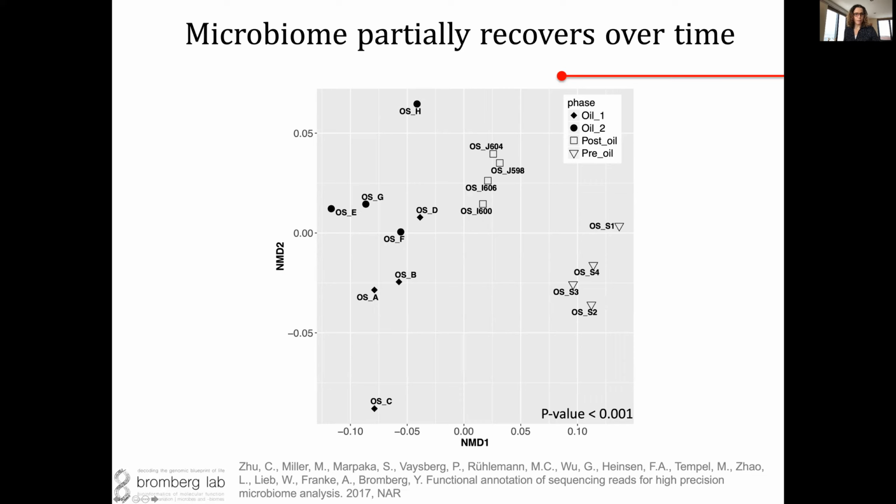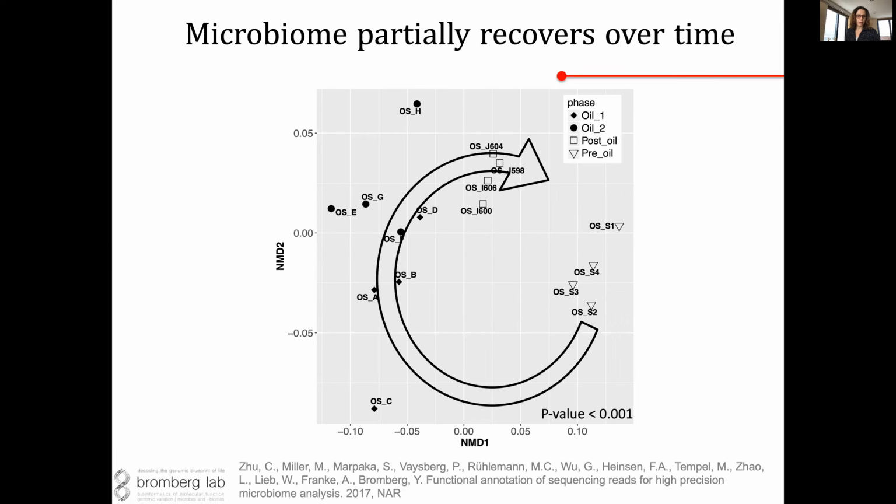The dark black circles over here and rhombi indicate the oil times, and these are the squares that are post-oil. Now, it could be my imagination, but one can definitely see how there is recovery happening over time, in the sense that this post-oil spill microbiome actually looks like it's migrating closer to where it had been pre-oil spill.